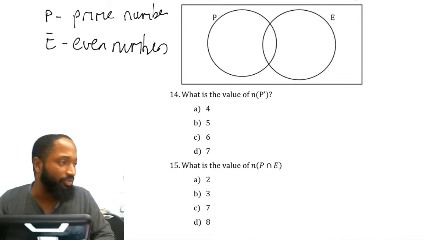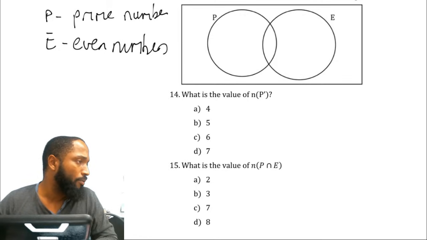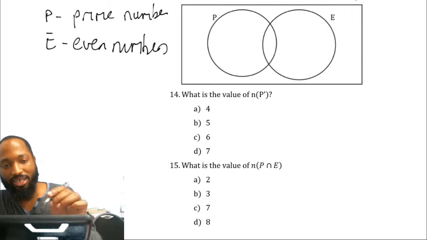Alright, what is the value of the number of elements in P complement? 14 people saying A, 1 or 2 people said B though. 1 or 2 persons saying D, but a good few people saying B. Alright, so let's just fill it in so we can see it for real.